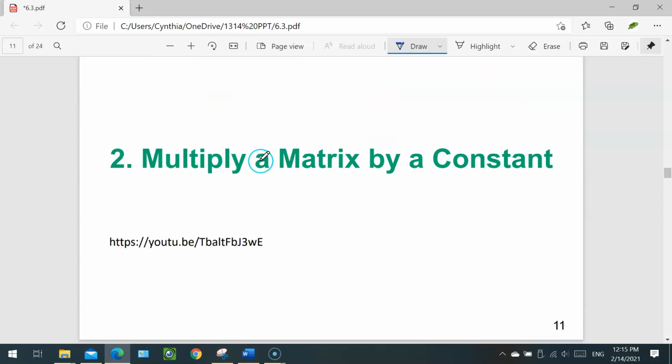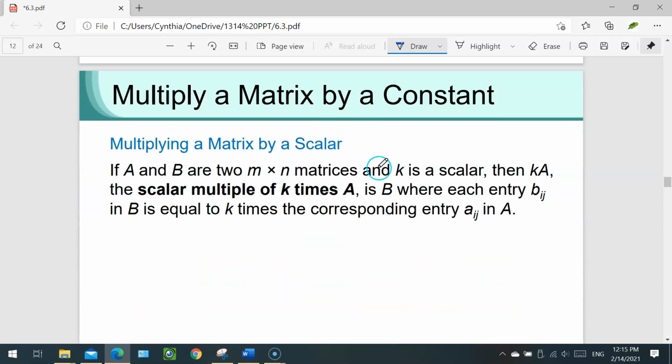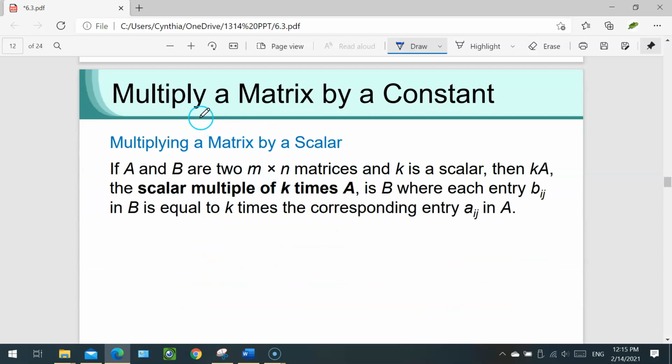We move on to multiplying a matrix by a constant. That means outside of the matrix, you multiply a single number, and we call the number a scalar.